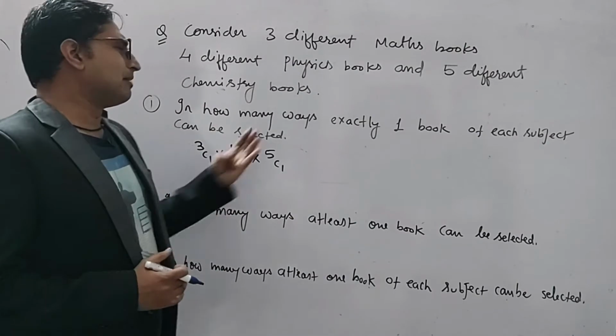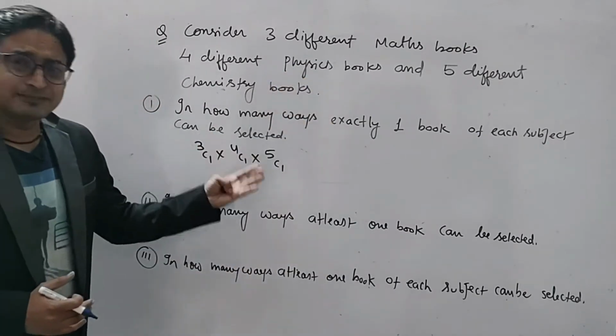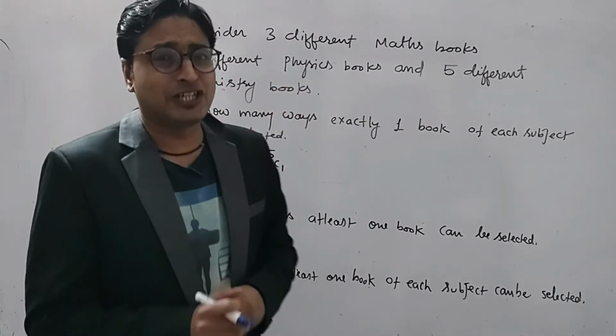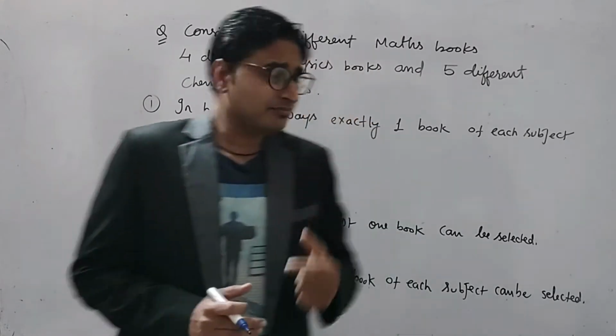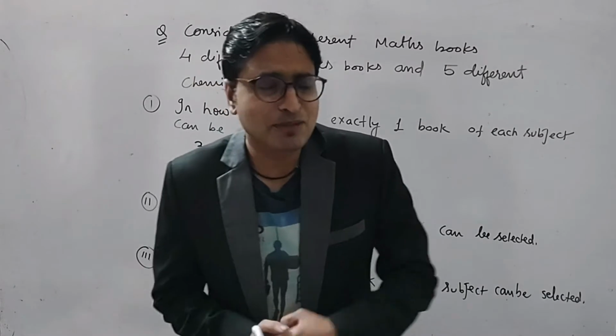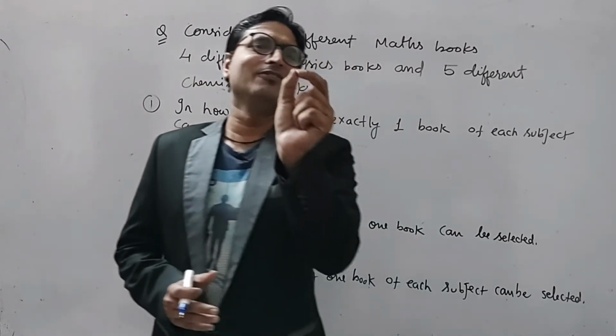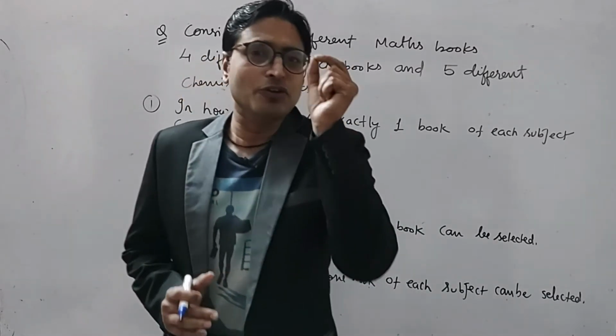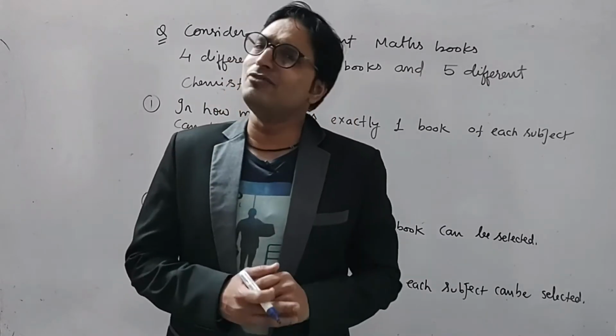So in our basic problems that we have already discussed in basic permutation and combination, you can see if you have to select one boy and one girl out of 4 boys and 5 girls, so you have to select exactly one boy and one girl.